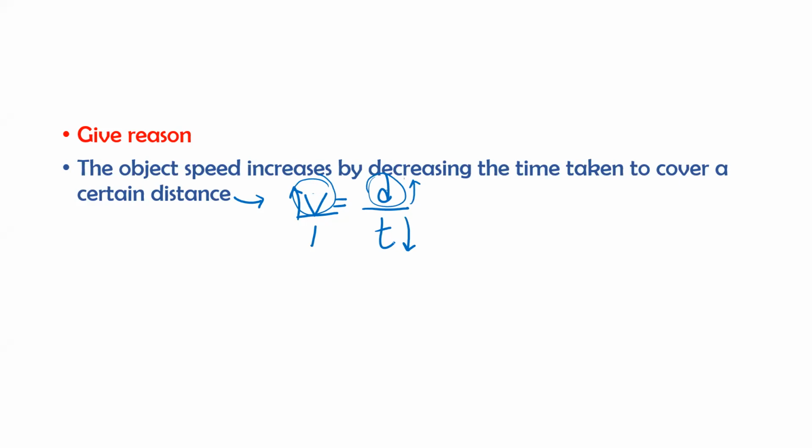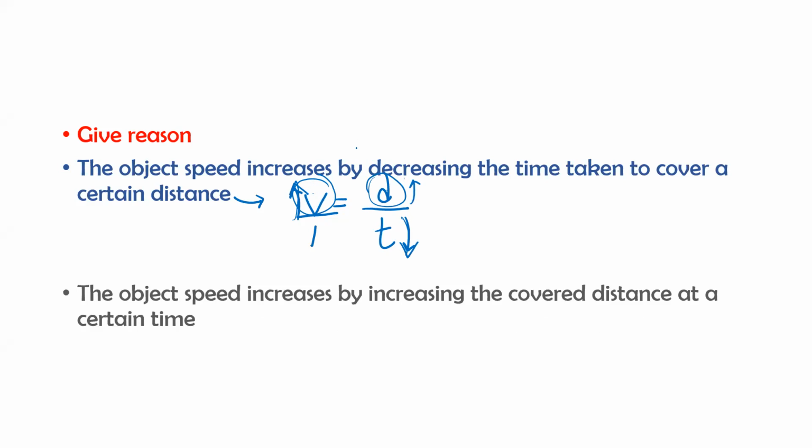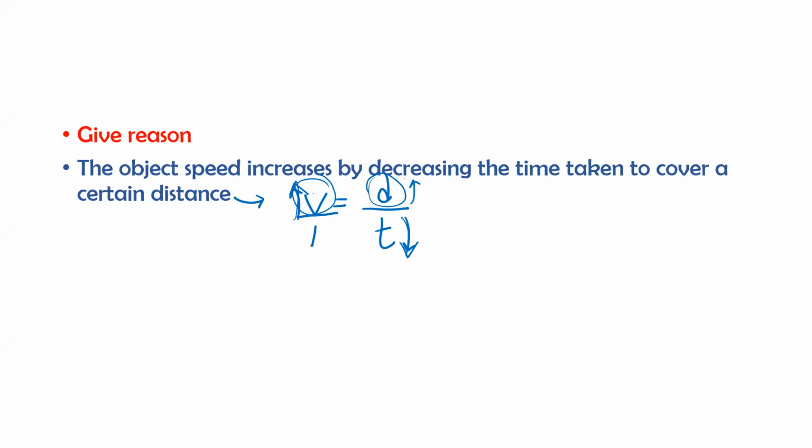They are directly proportional. But with time they are inversely proportional: when the time decreases, the velocity increases. So I'm going to write the law and tell them that the object speed is inversely proportional to the time taken when the distance is fixed. So when one decreases, the other increases.